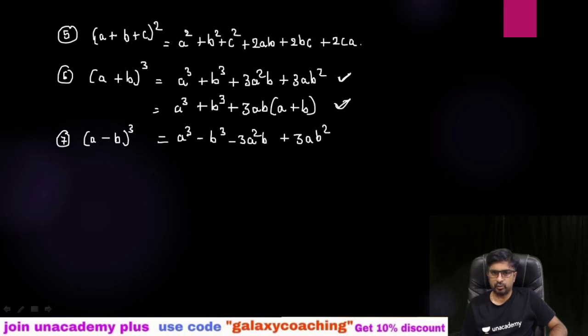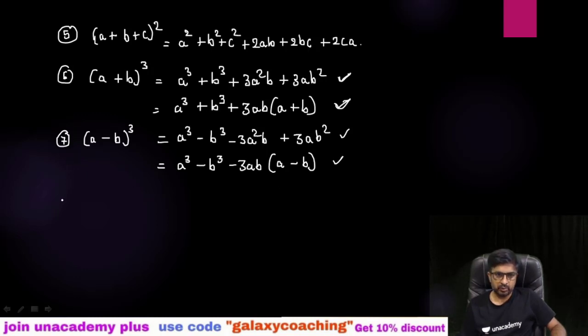If you take out common, you can write it like this also: a cube minus b cube, now take out minus 3ab common. When you take minus 3ab common, this sign will change and here you will get a minus b. Both these answers are correct.